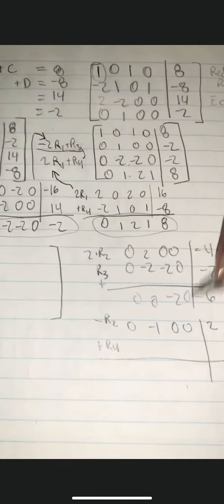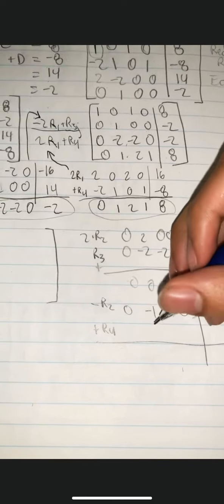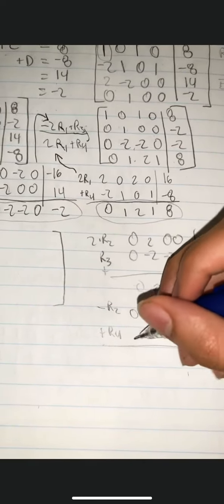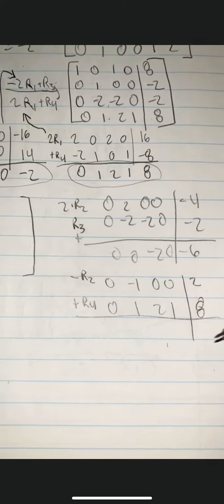And then adding it to row 4. So row 4 looks like that. So we'll be adding it to that: 0, 1, 2, 1, 8. So now we will add it: 0, 1, 2, 0, 10.